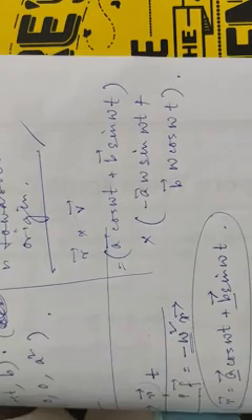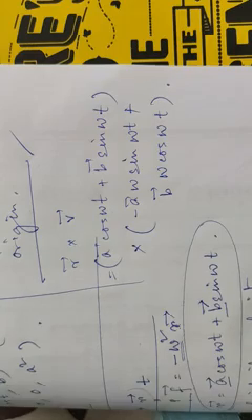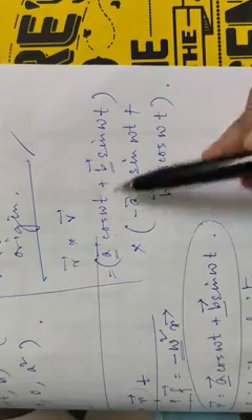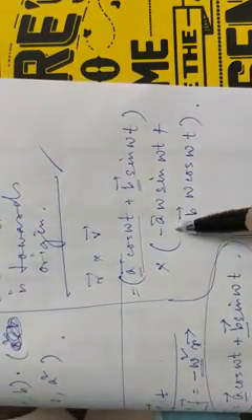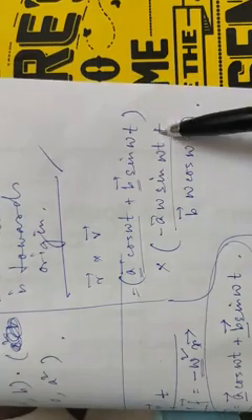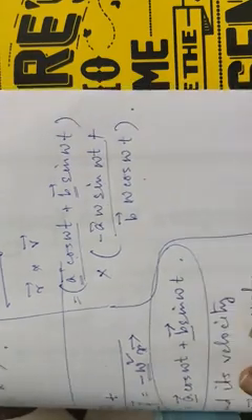We can't apply the determinant form ijk, because we don't know the components here. We only have the vectors a and b. So we just multiply normally, taking the cross product of each pair of terms.